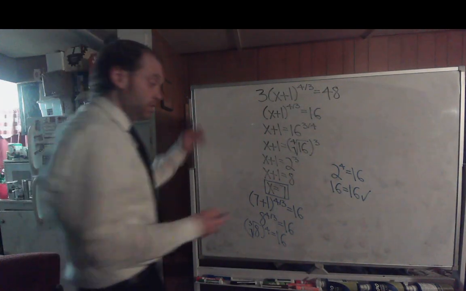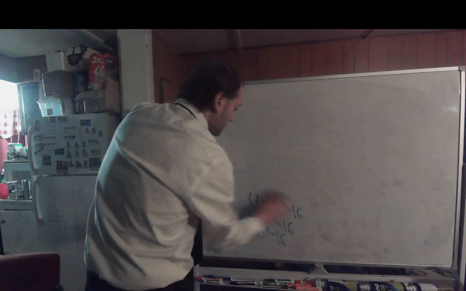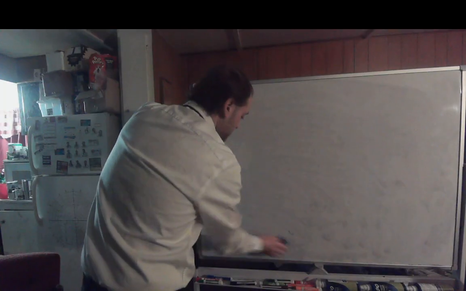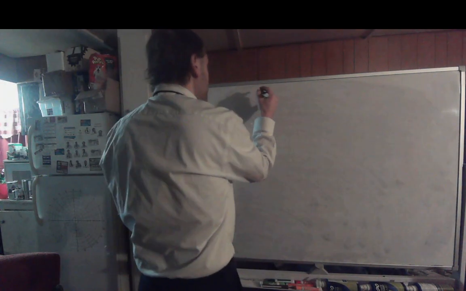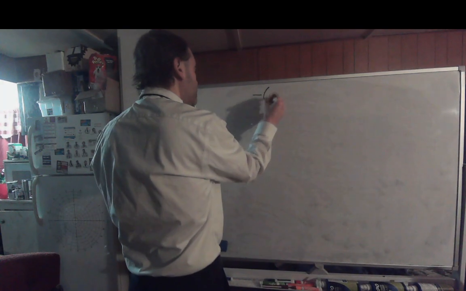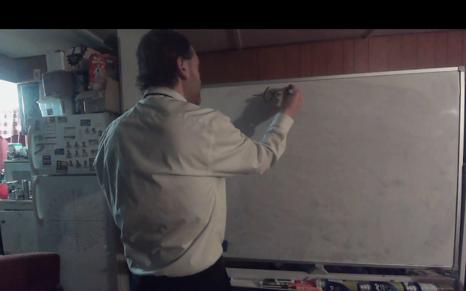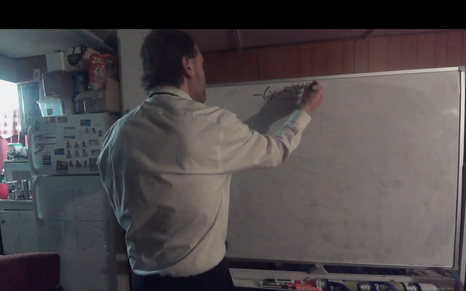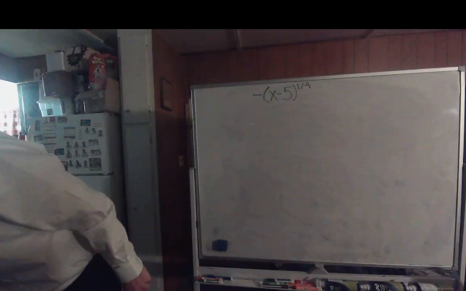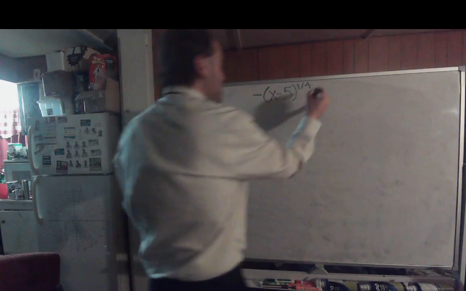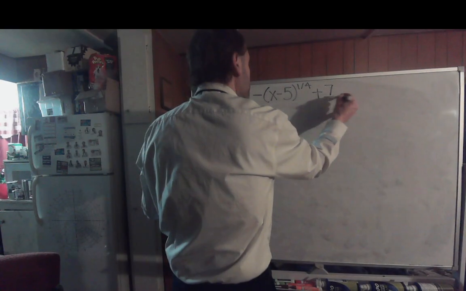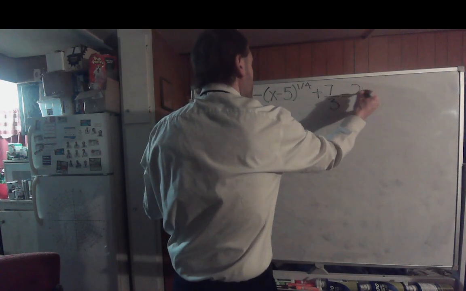I have one last one here, then we're done. We have negative of the quantity x minus 5 to the 1/4 power plus 7/3 is equal to 2.